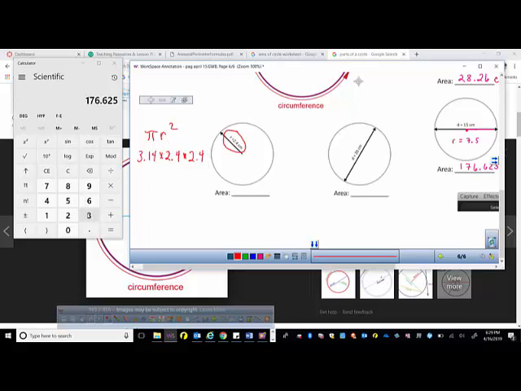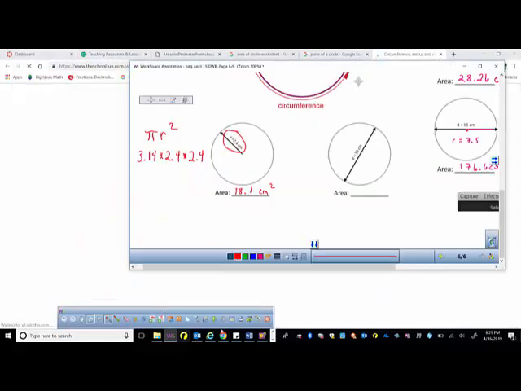On my calculator, 3.14 times 2.4 times 2.4 gives me 18. I'm going to estimate it, so I'm going to say 18.1 centimeters squared.